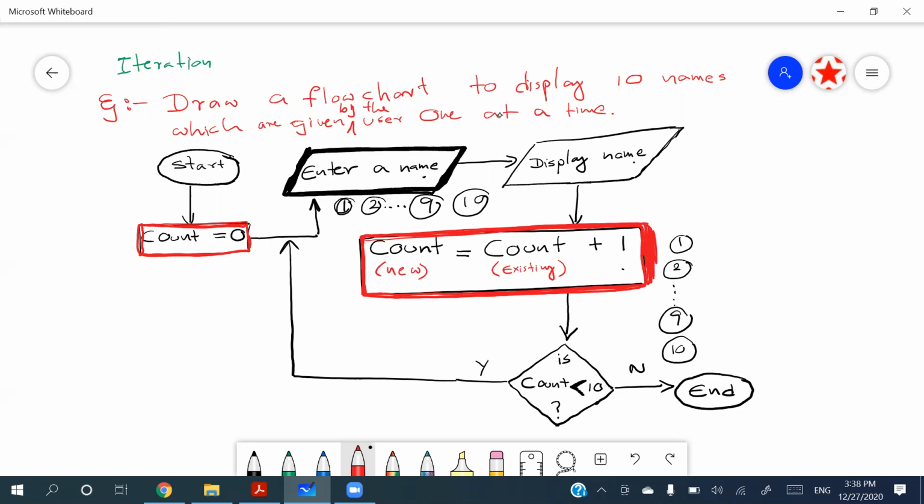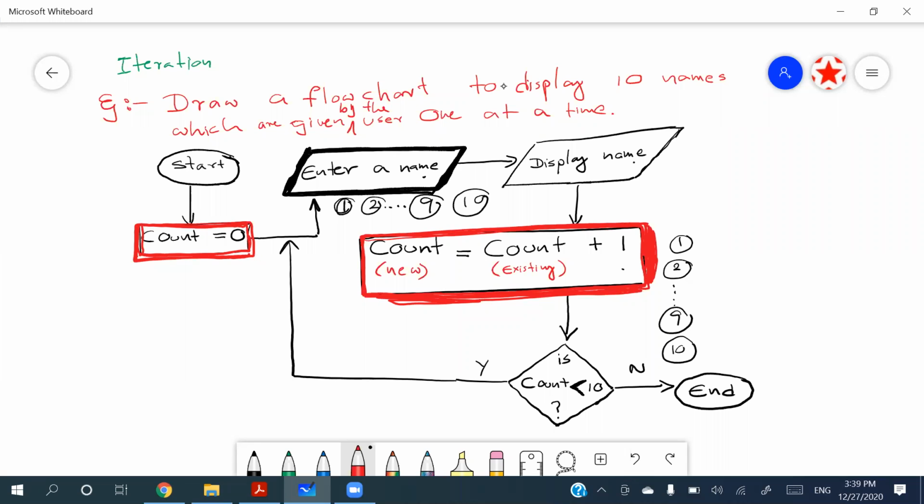When executing it for the very first time, if you haven't initialized your count, there will be no value for the existing count to add 1 to. So you have to give some initial value to the count to get increased by 1 in each and every iteration.